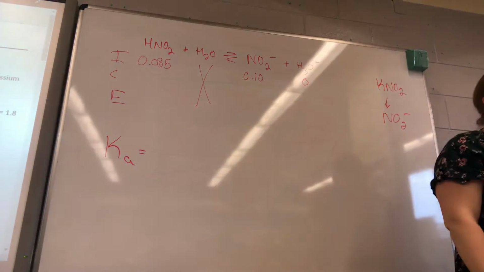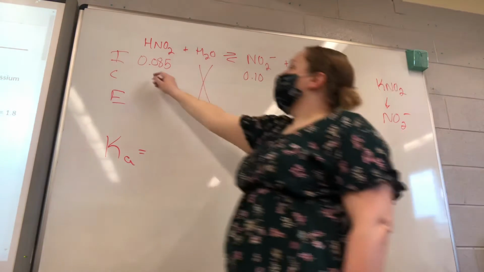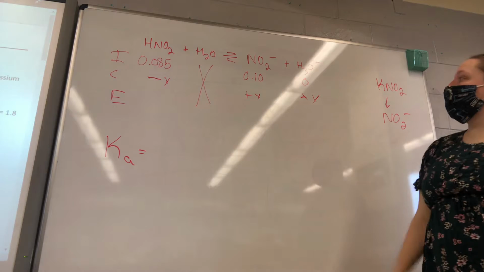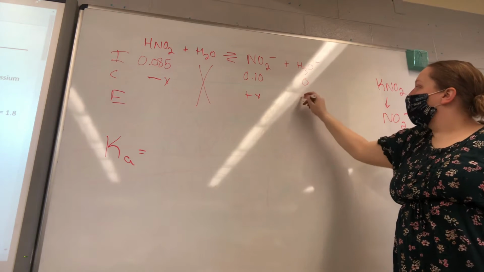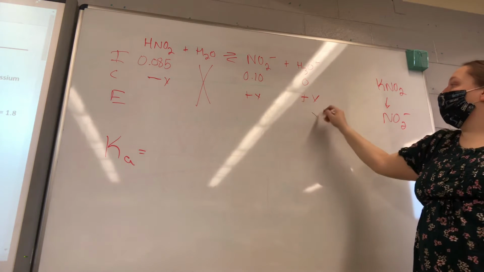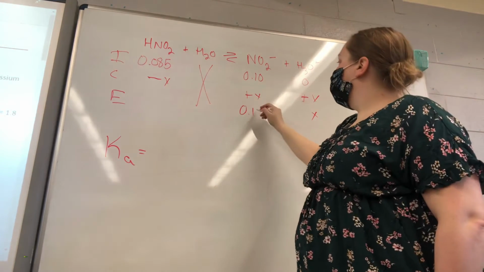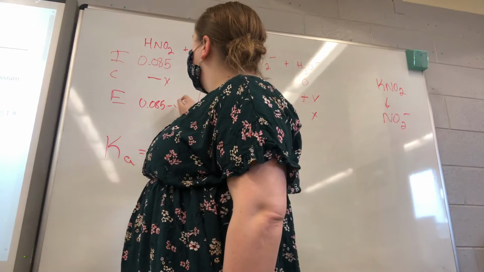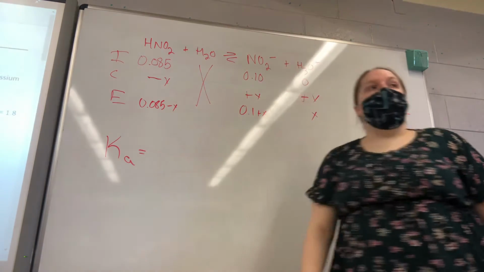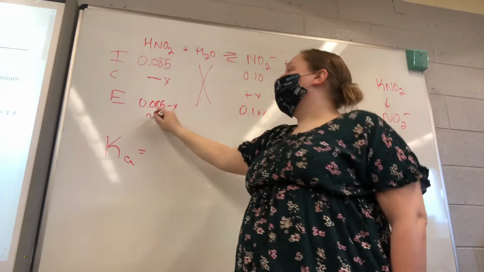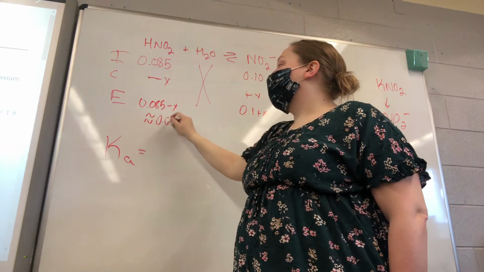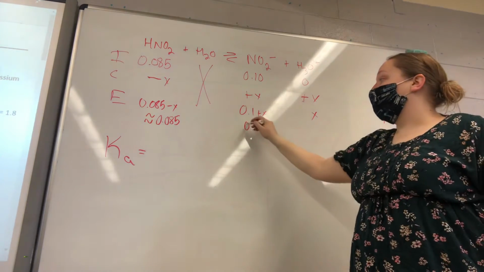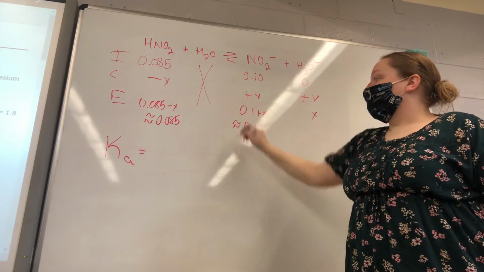Here we are. What do we do next? Drop them down. Remember that we are going to make the assumption at first that we can ignore X. We're going to prove that to ourselves before we make any further assumptions.